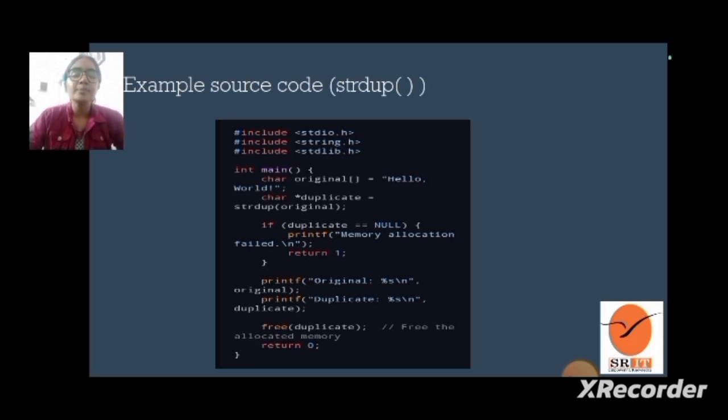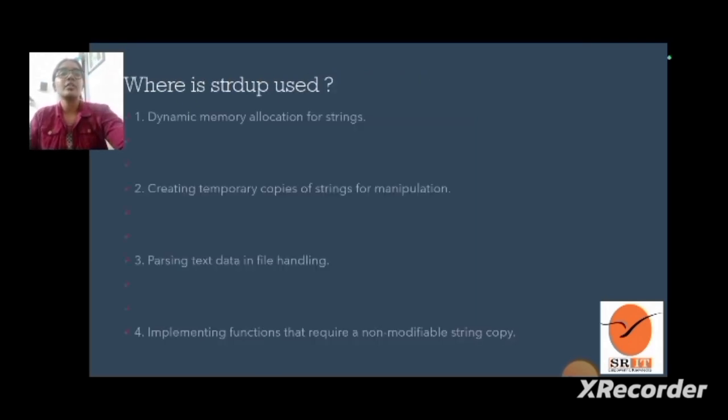And return 1 is for false. Then printf original with %s for string, and printf duplicate. Free the allocated memory, as I mentioned before, because it's dynamic memory, and return 0, which is true.